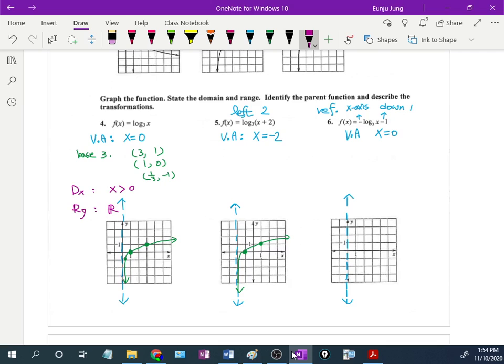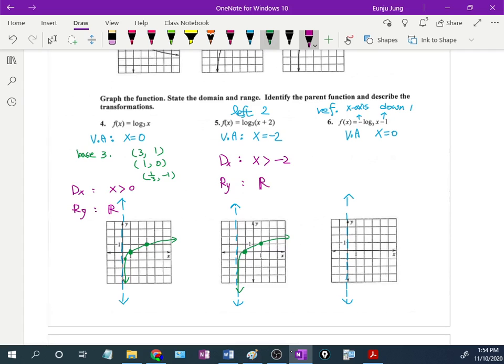And when you use the TI-84, make sure you know the TI-84 cannot graph all the way down, so it stops somewhere. Number 5, what's the domain? It is moved to the left 2 units, so x is greater than -2. What's the range of this function? All real numbers.